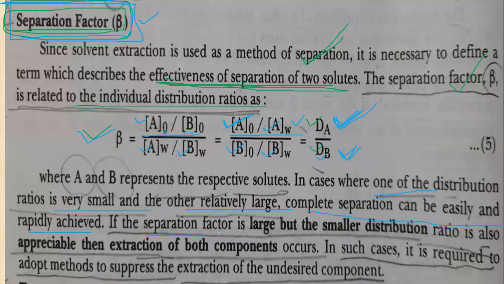But if the separation factor is large, but the smaller distribution ratio is also appreciable, then extraction of both components occurs. We need to separate only one component.